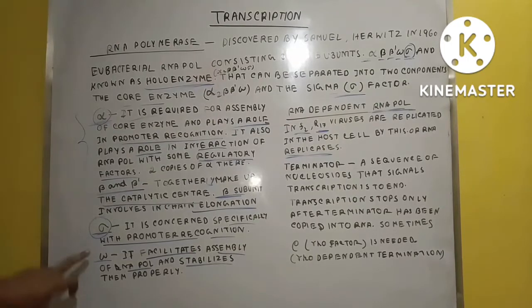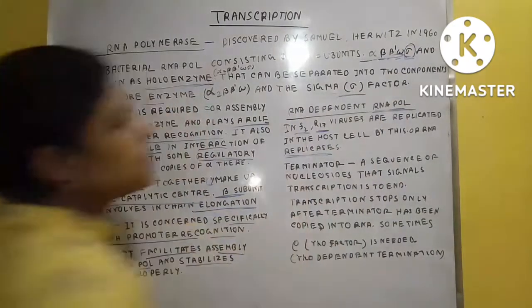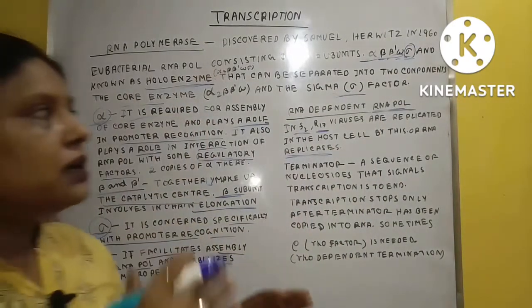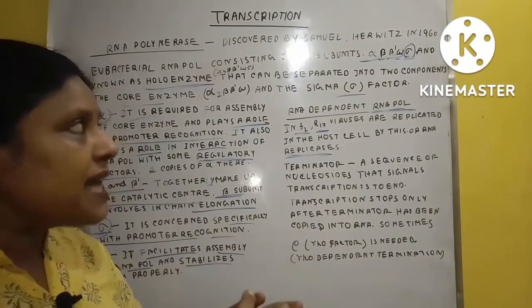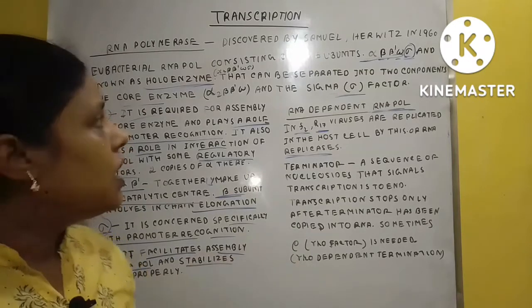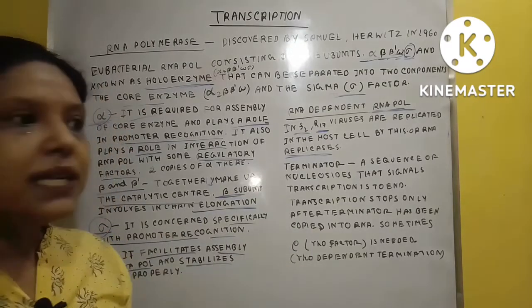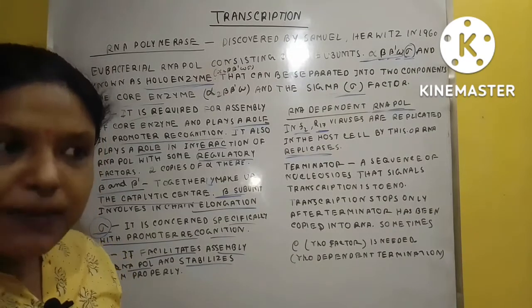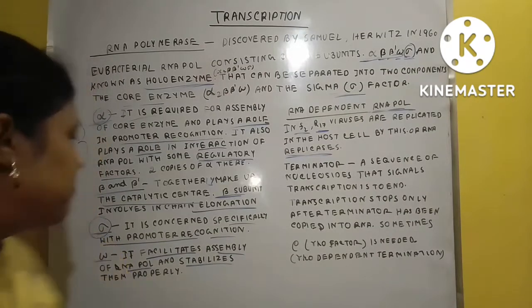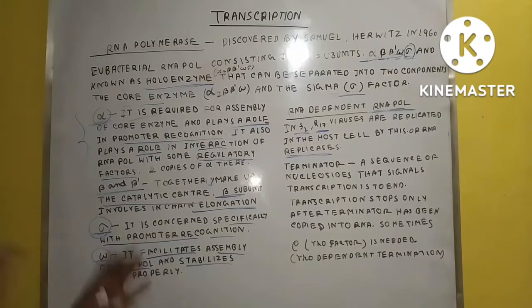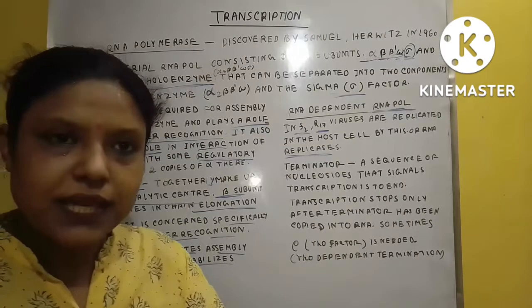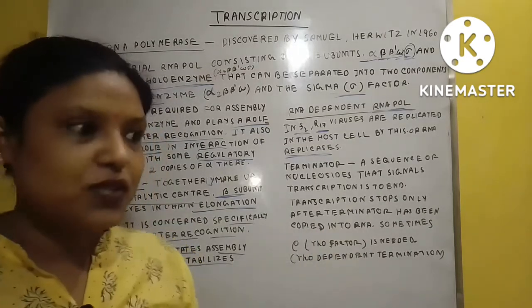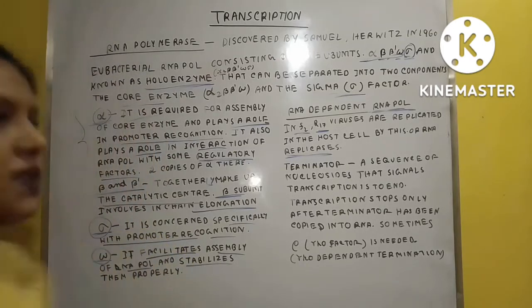That means all these subunits stabilize with each other until the total transcription process is completed. This stabilization is done by the omega. The five subunits assemble together to complete the transcription process with the help of the RNA polymerase.